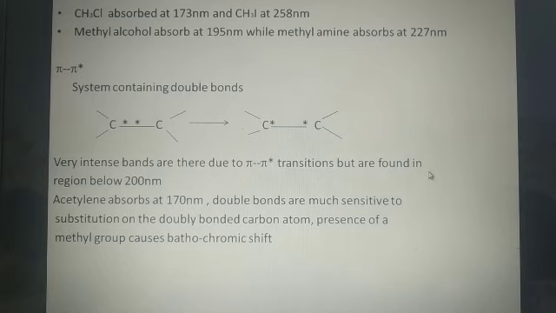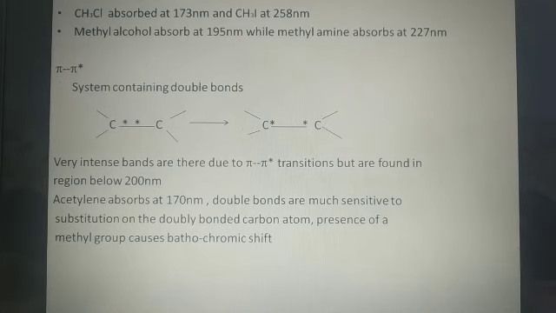Sigma to sigma star bands are also intense, but they lie in the far ultraviolet region, so no use. N to sigma star transitions are of very little concern because their intensity is low. I will discuss later why this intensity is low and why in some cases the intensity is higher. But pi to pi star transitions are of very much use because these are very intense bands present in the spectra.